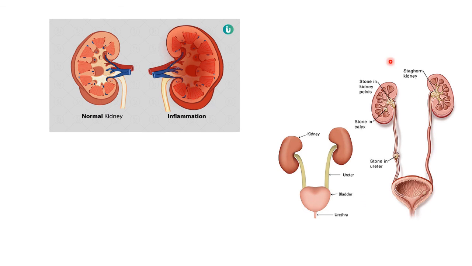So these are the diseases associated with the urinary system. Okay, children, try to learn this process of excretion properly, and after that you can do the questions in your textbook. Thank you.